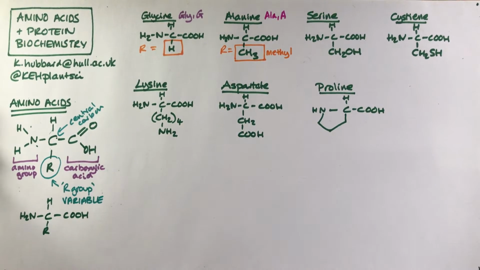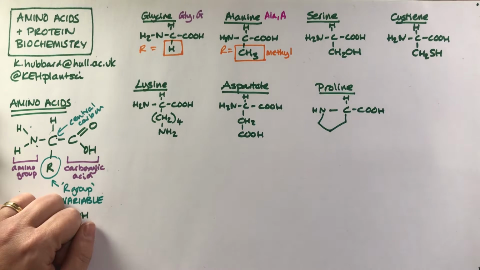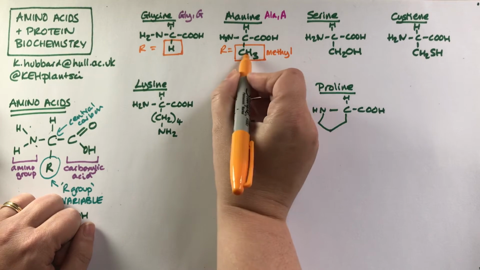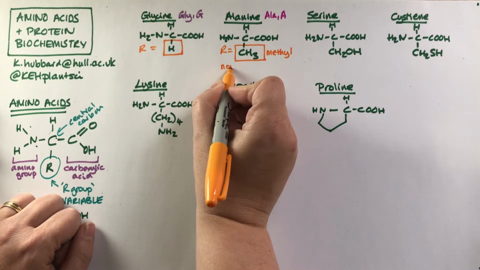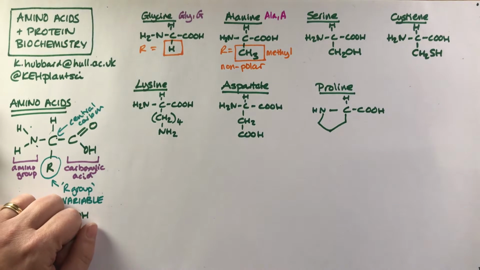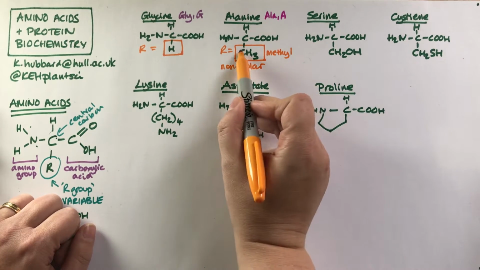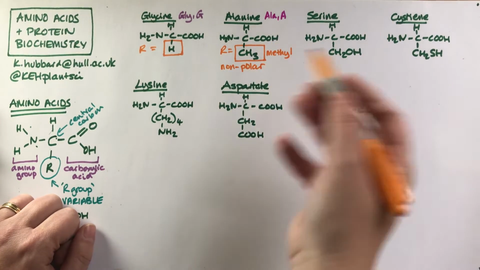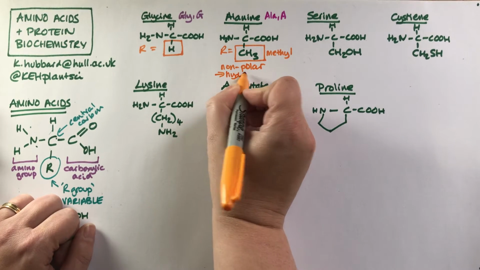And that starts to inform what sorts of interactions it might be able to form with other molecules. So we know that methyl, because it's carbon and hydrogen, is a relatively non-polar sort of group. There's another video on basic biochemistry explaining what polarity is, if that's something you're unfamiliar with. But when we've got carbons and hydrogens bound together, we know that those are non-polar, which tend to be hydrophobic.